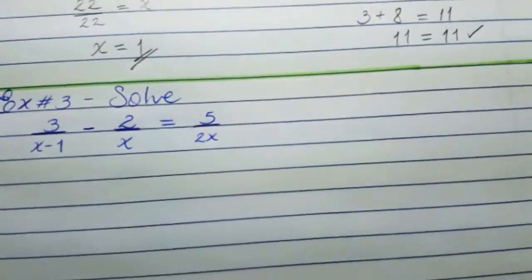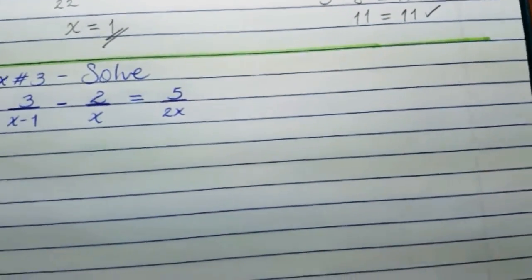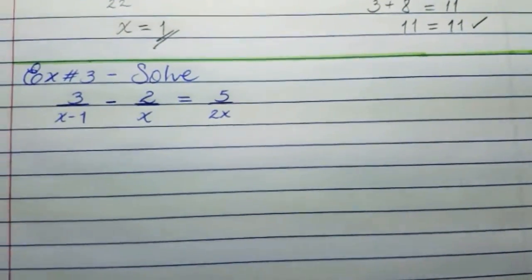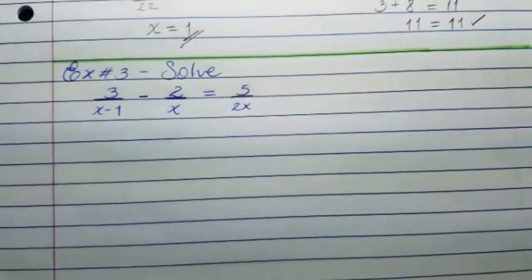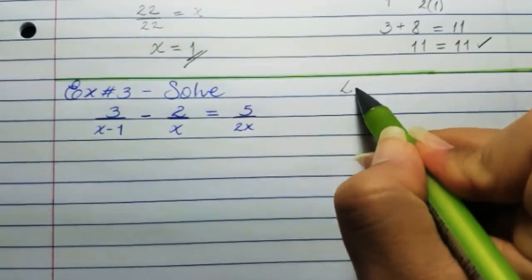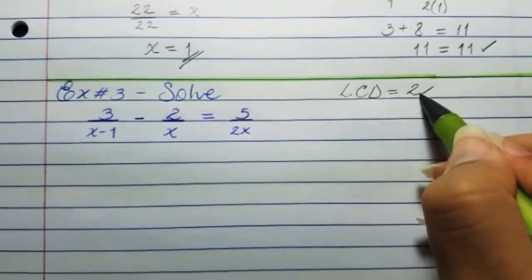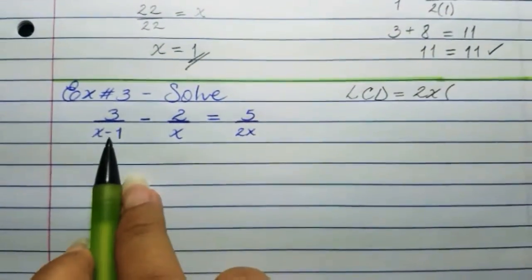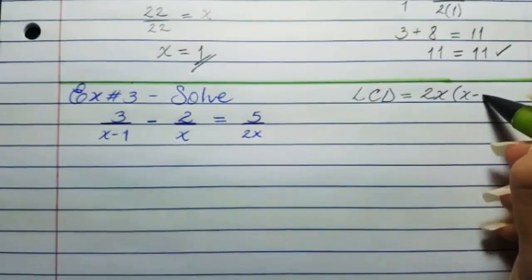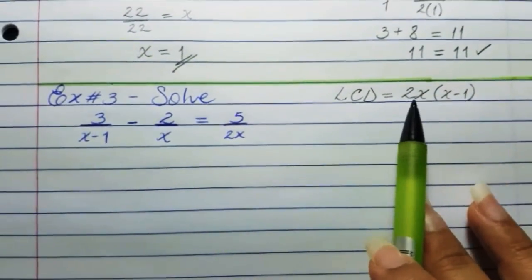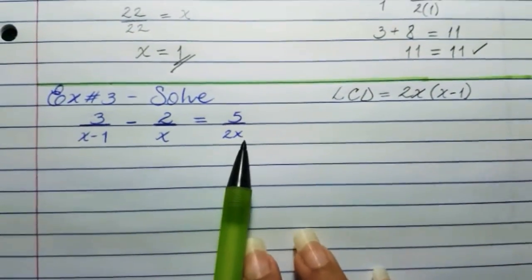Here, the least common denominator is going to be 2x with the parenthesis x minus 1. Why is that? Because this expression contains all of the denominators.